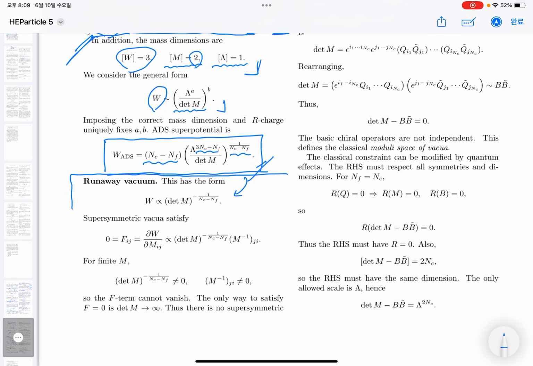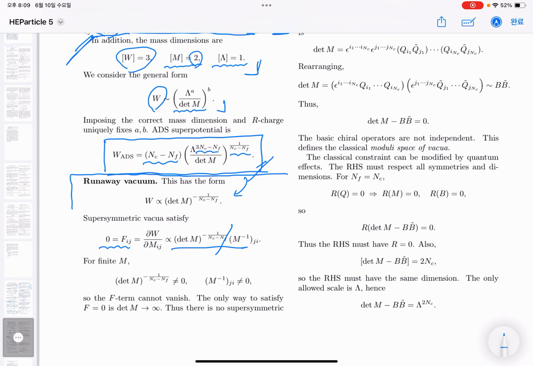The superpotential is proportional to the determinant of the meson matrix, to a specific index. The supersymmetric vacuum satisfies the balance of the F-term, obtained by differentiating the superpotential with respect to the meson operator.